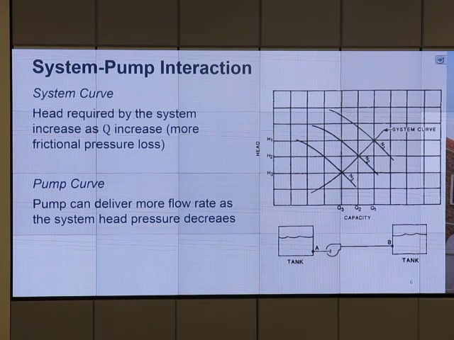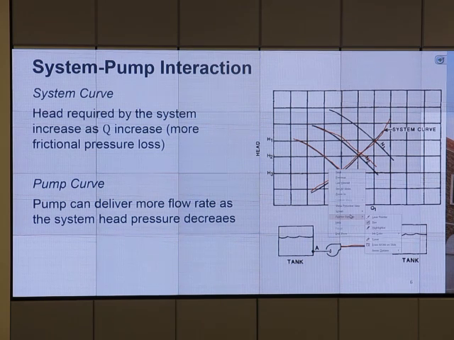When we pump from tank A to tank B, if the flow rate goes up, we have the pump curve, this one. You see, that is the pump curve, right? And this cross line, that is the system curve. System curve is not the pump. System curve is the pressure drop in a pipe.